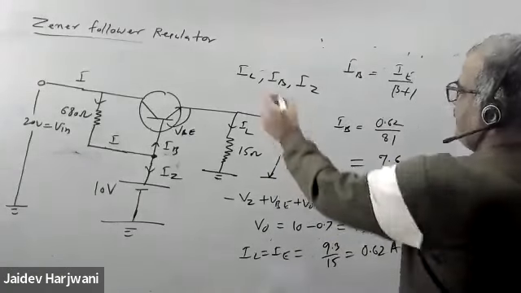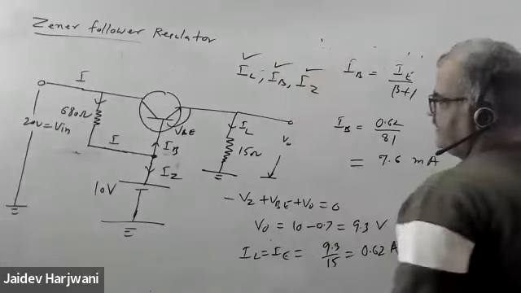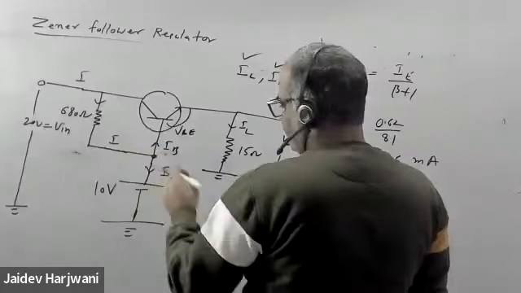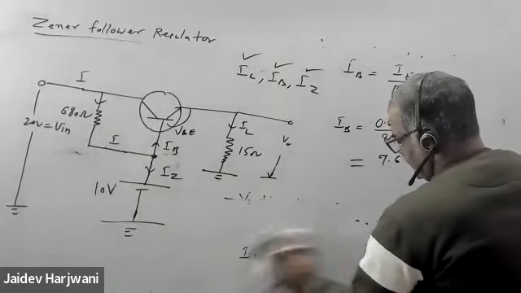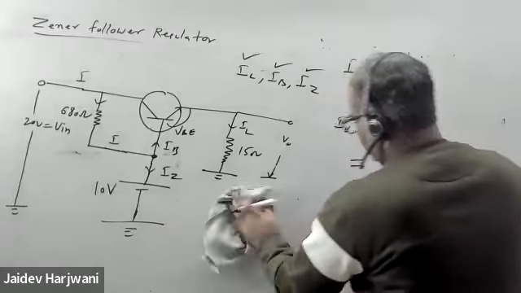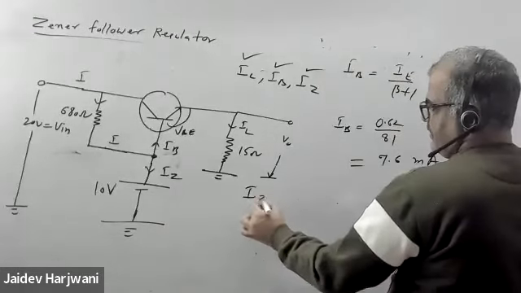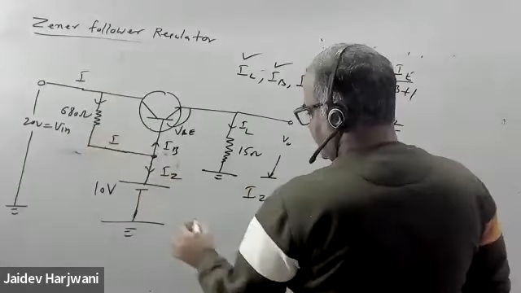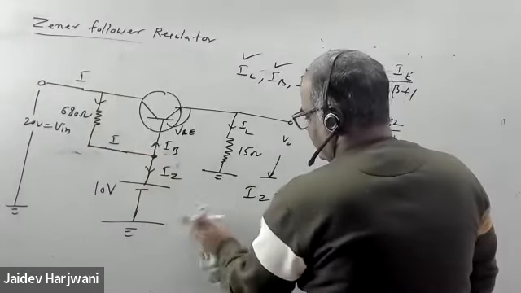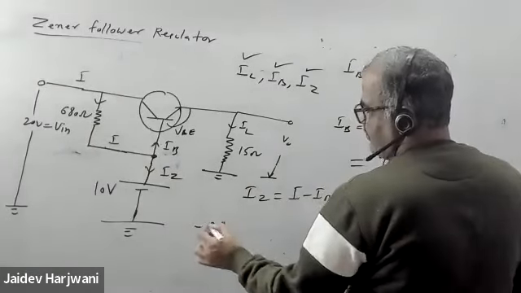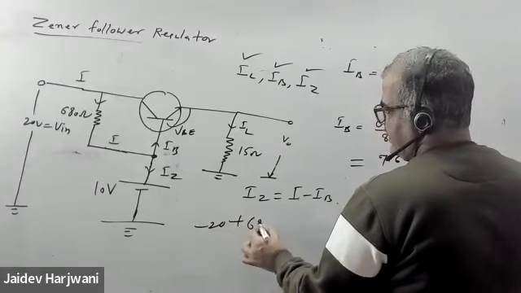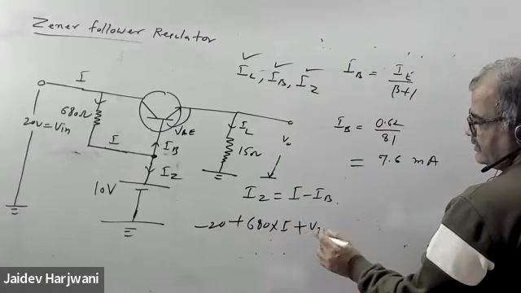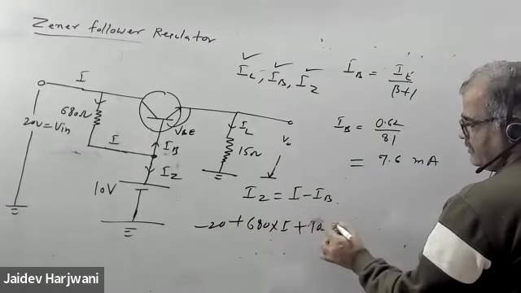Now you got IB, you got IL, you want to know IZ. If you know total I and IB, you can calculate IZ. So your IZ is simply I minus IB. Now what is I? You can calculate it from this circuit. Minus 20 plus 680 into I plus VZ, which is 10, equals 0.